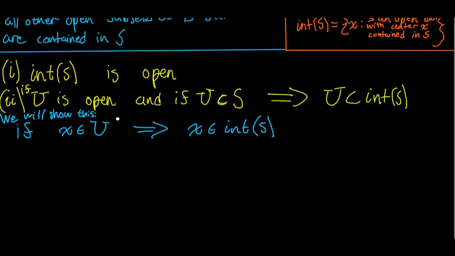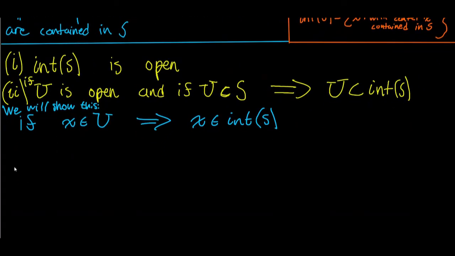So let's go off first of what if X is in U, what does it mean for X to be in U? Well, we know that U is open, and we're going to leverage the definition of an open set again. Remember, a set is open if for each X in that open set, there exists an open ball entirely contained in that set.